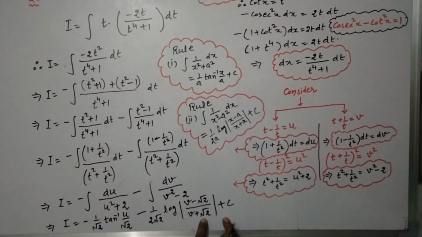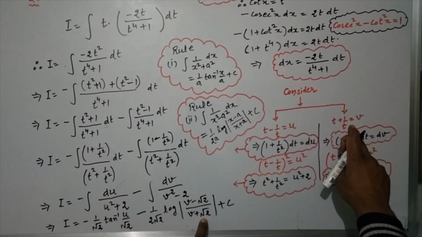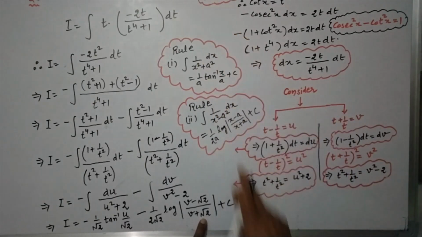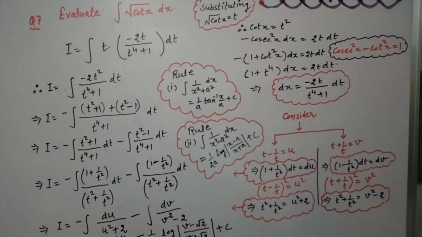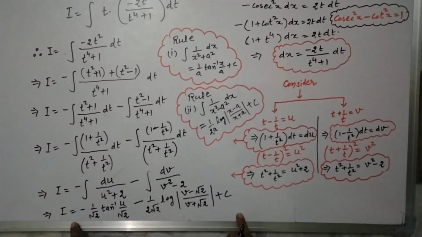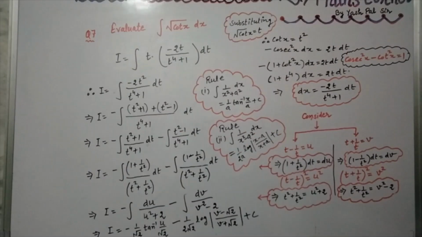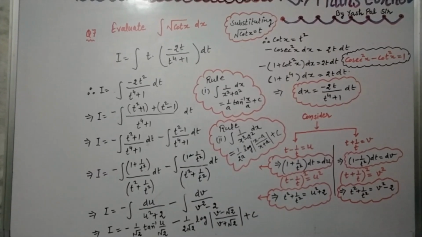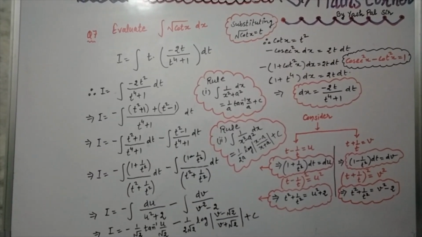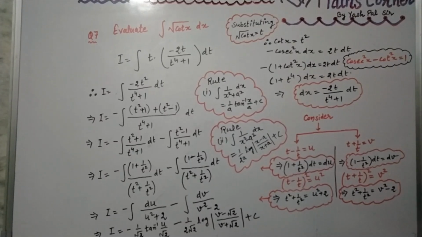So this becomes 1 upon 2 square root 2 log of v minus square root 2 upon v plus square root 2 plus c. So what is v? v is t plus 1 upon t. And what was t? This was square root of cotangent x, right? Substituting original values, we get the final answer to this question.